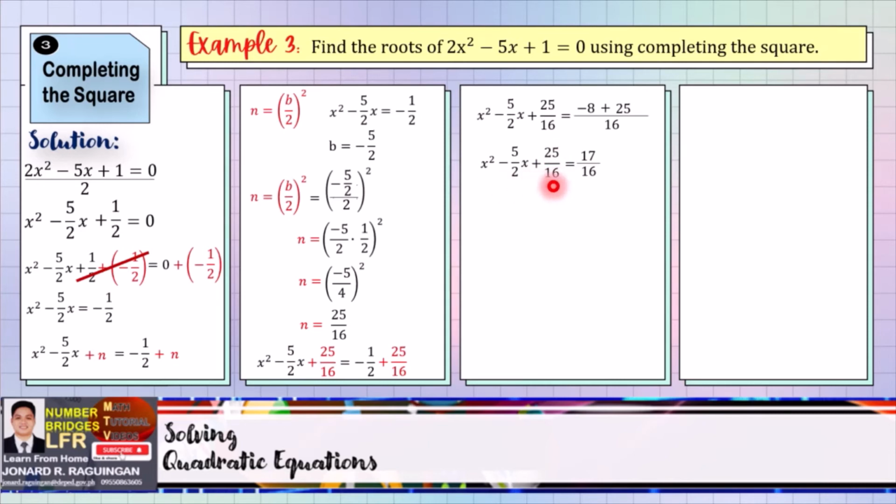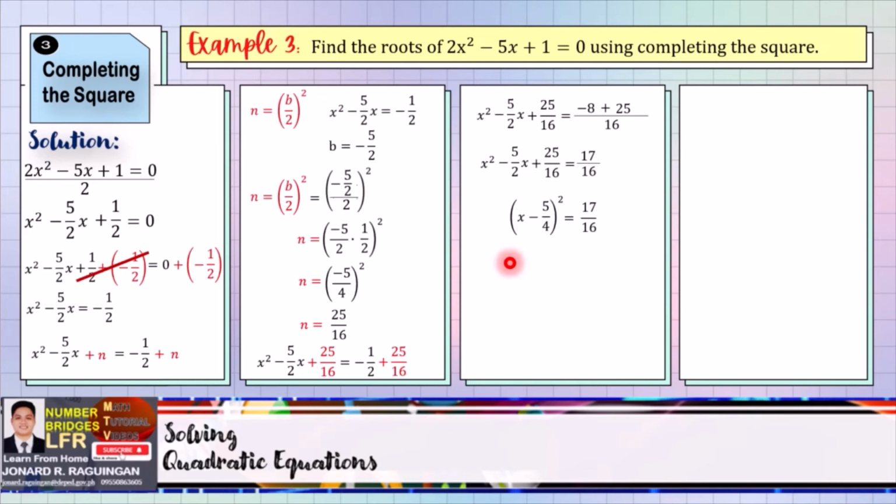Since this is a perfect square trinomial, then the factor is a square of the binomial. Square root of x squared is x. Square root of 25 all over 16 is 5 all over 4. Then the factor of this is the quantity x minus 5 all over 4 squared is equal to 17 all over 16.